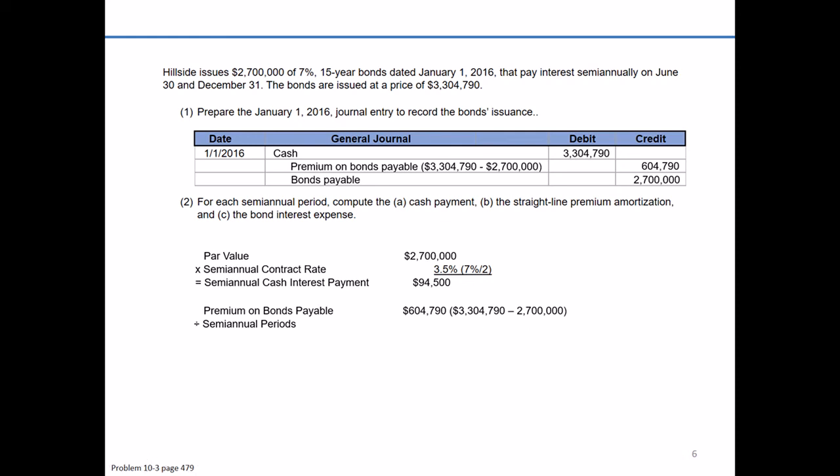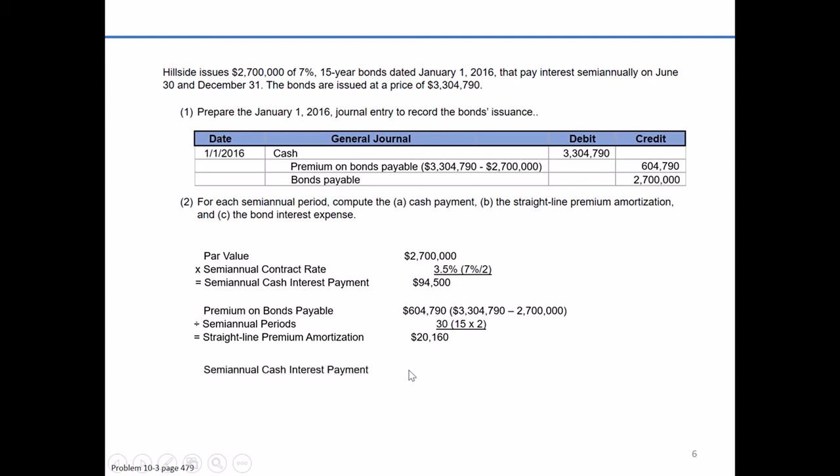Our total semi-annual periods is 30. 15 years times 2 periods per year equal a total of 30 periods. So $604,790 divided by 30 means straight line premium amortization each semi-annual period is going to be $20,160. So very similar to how we did straight line depreciation. We just divide it by the number of periods to get an even amount.